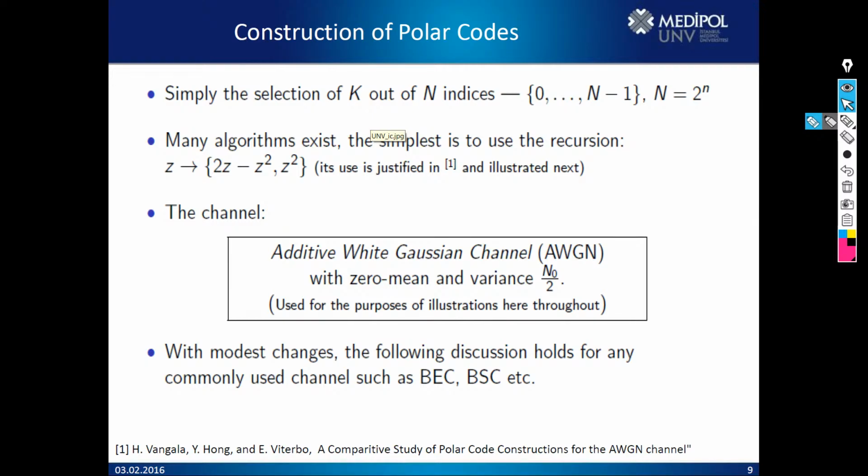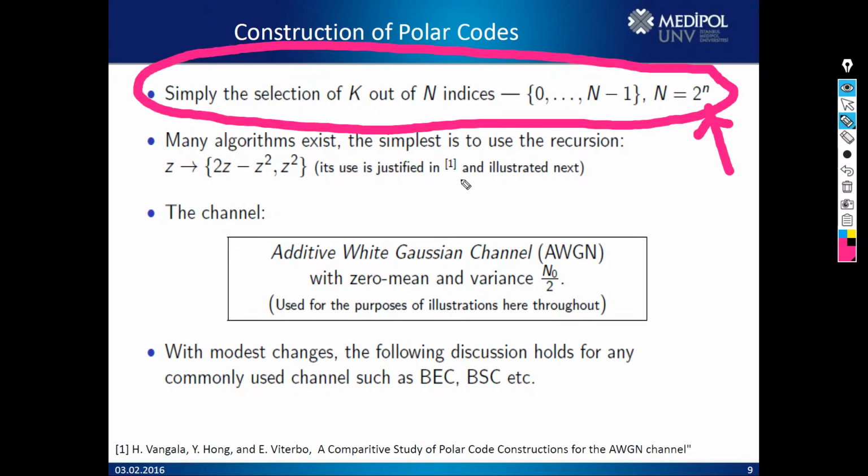Many algorithms exist to do that. The simplest is to use recursion. What's the algorithm that we use in a wireless channel to determine whether it's good or bad? We estimate the channel at the transmitter and put a certain threshold and say if it is below this threshold, it's bad. If it's above, it's good.